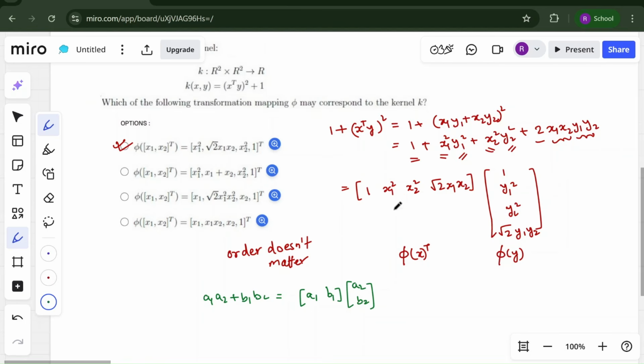On the row vector, all of them are x, and on the column vector, all of them are y. So my objective is to break it down into a dot product of two vectors, one of which is a function of x, the other a function of y. If I'm able to do that, then it is a valid kernel. If I'm unable to do that, then it's perhaps not valid. Is that cool?